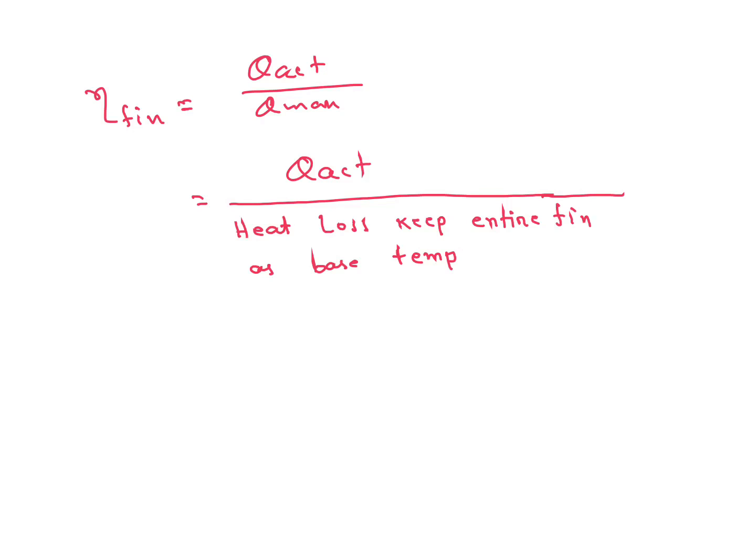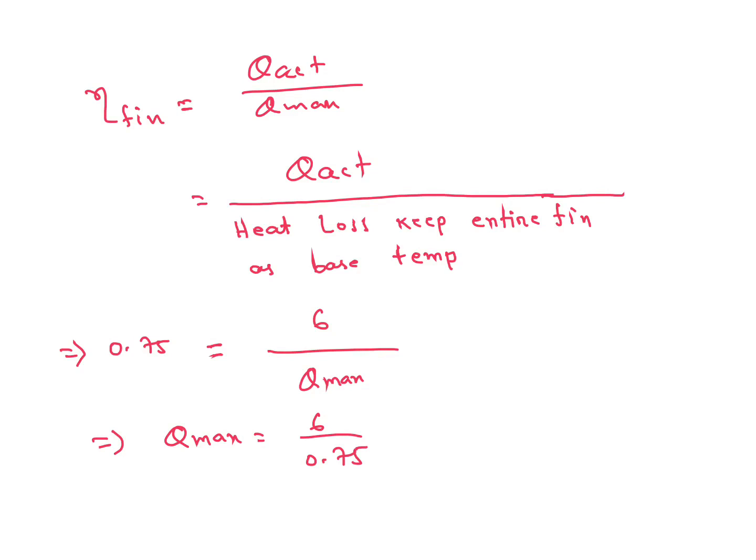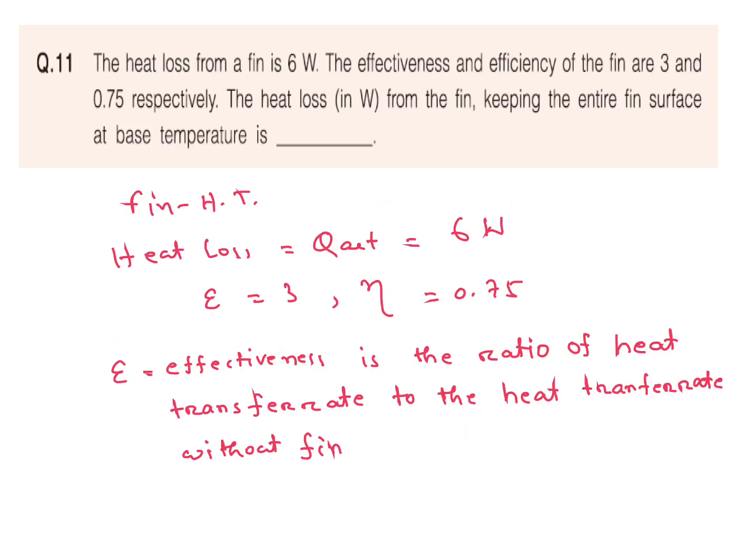So put the data: efficiency given 0.75, Q actual given 6 watt, divided by Q maximum. So Q maximum is 6 by 0.75, which is 8 watt. So 8 watt is the answer. This is a 1 mark question.